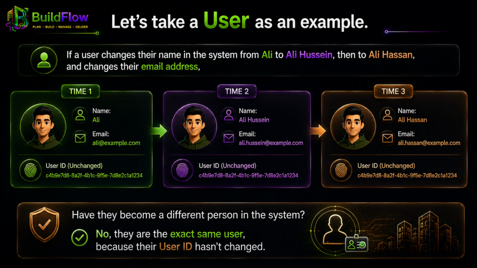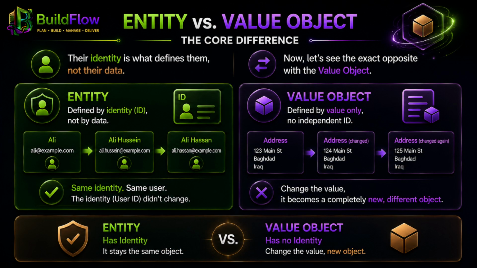If a user changes their name in the system from Ali to Ali Hassan, and changes their email address, have they become a different person in the system? No, they are the exact same user because their user ID doesn't change. Their identity is what defines them, not their data.